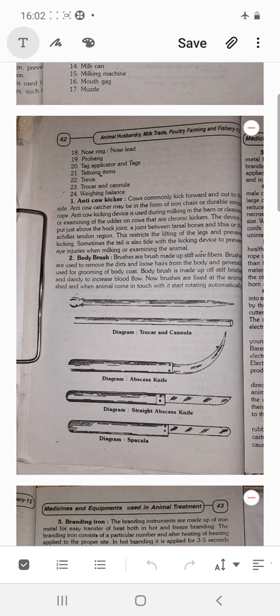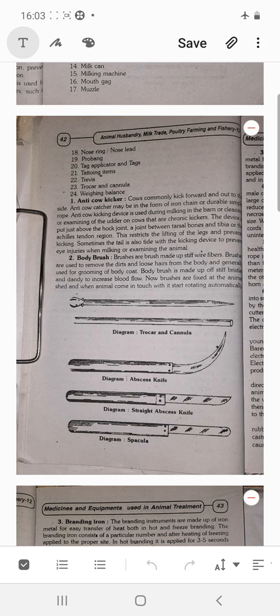In class 11th, we have to discuss the body parts of the animals: cow, buffalo, goat, dog, pig. So you know about hock joints, the joints between the tarsal bones and the Achilles tendon region. This restricts the lifting of legs and prevents kicking.